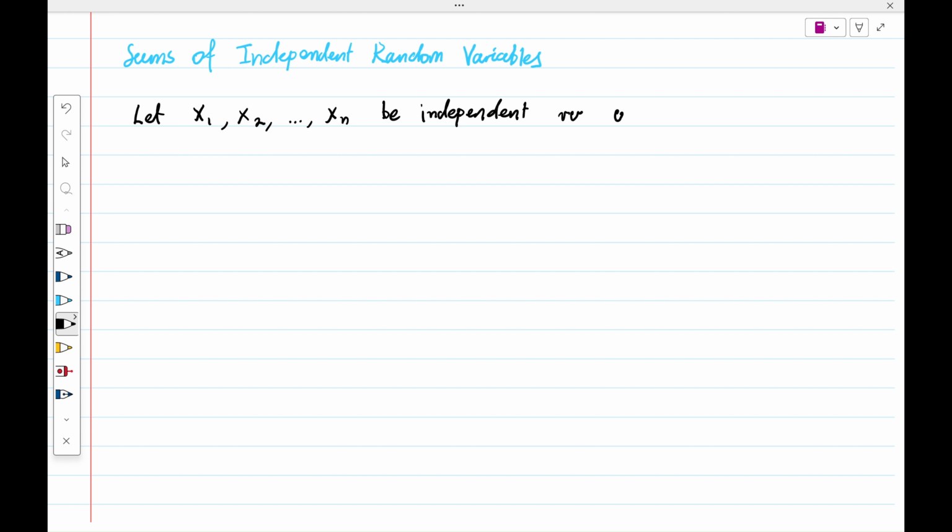And let's say they have probability generating functions, which we'll label as Px1(z), Px2(z), all the way to Pxn(z).